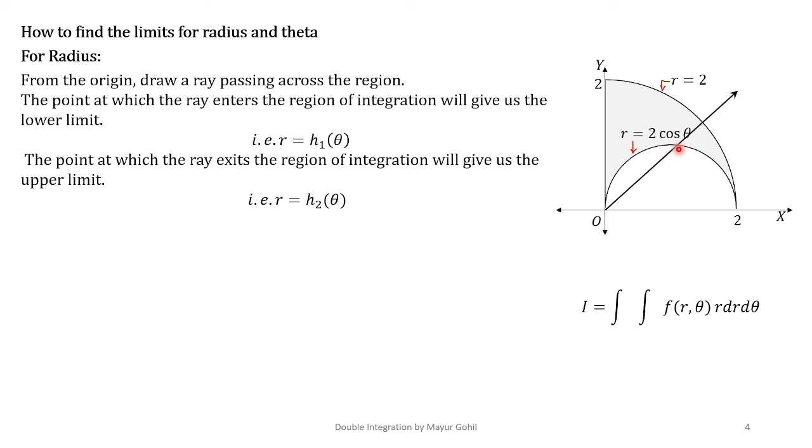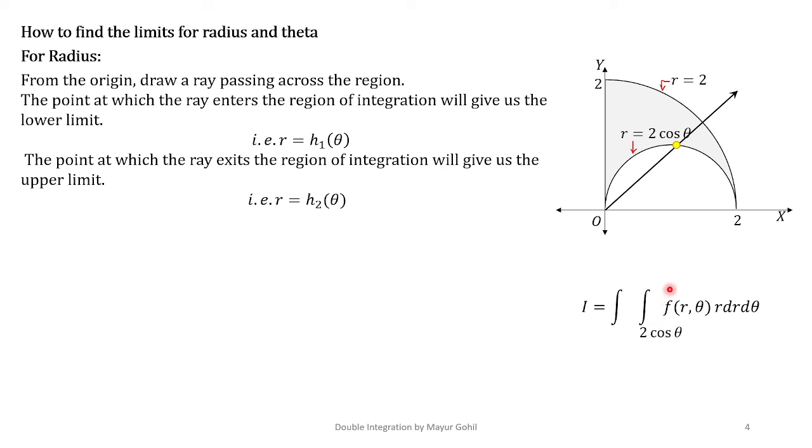Whenever you draw a ray, you have to check the point at which the ray enters the region of integration, which will give us the lower limit. Here it has entered at the yellow dot, so the yellow dot is the lower limit of the radius. So r equal to h1 of theta, that is 2 cos theta.